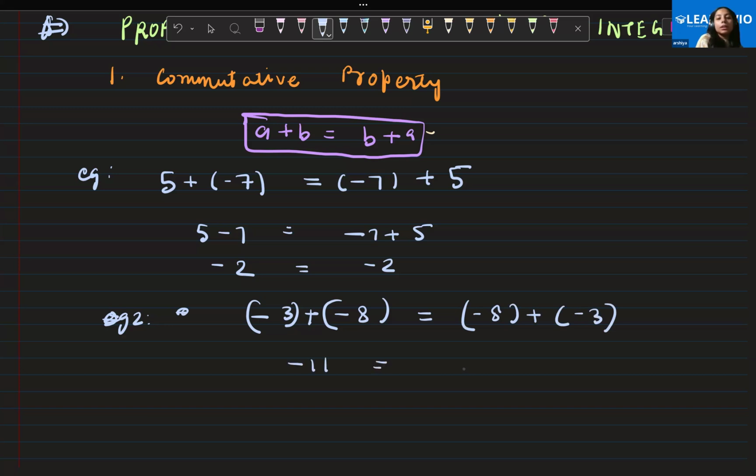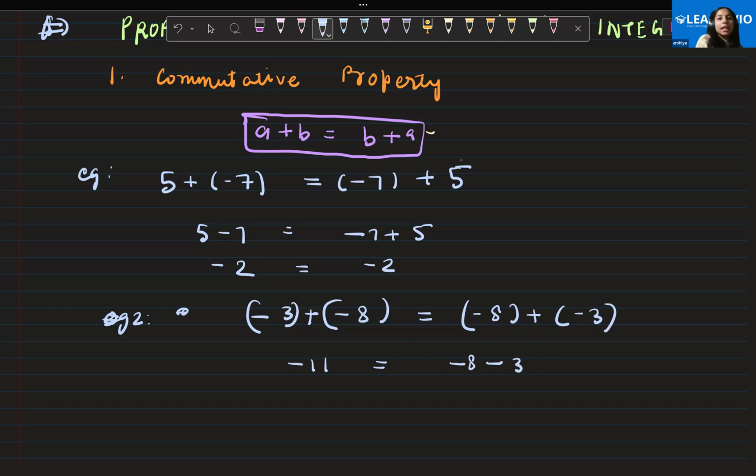And what about this? What will I get here? On adding, negative 8 plus negative 3. Both of them are negative, so we add 8 plus 3, which is 11.